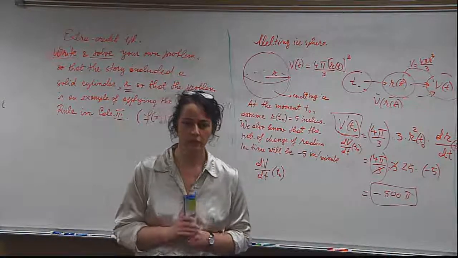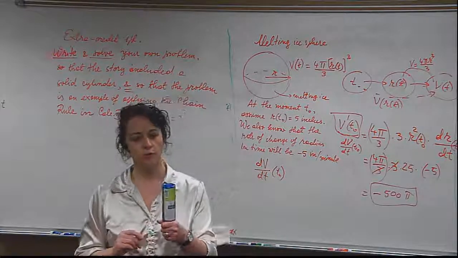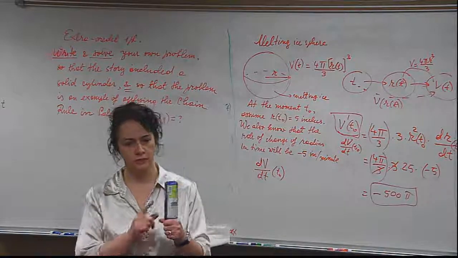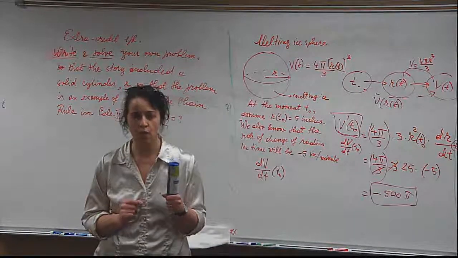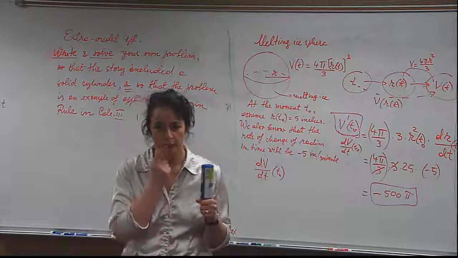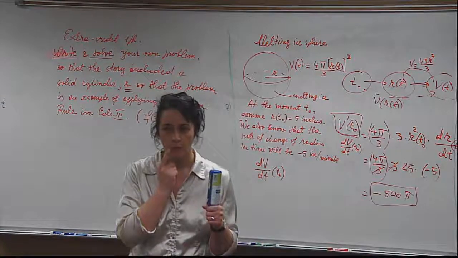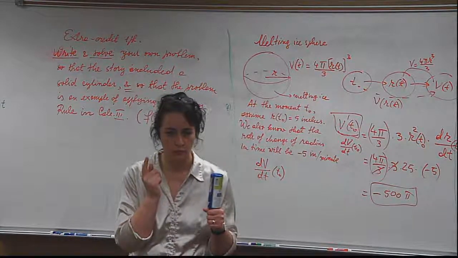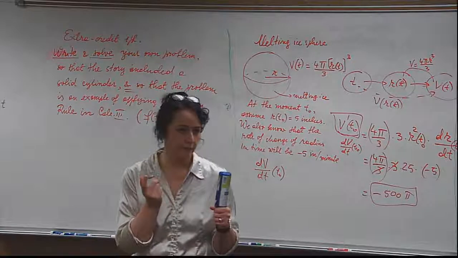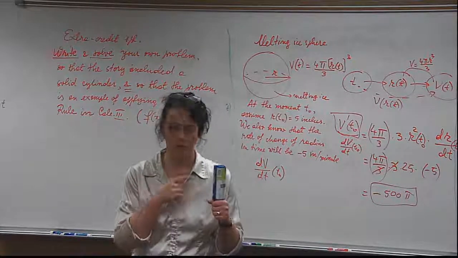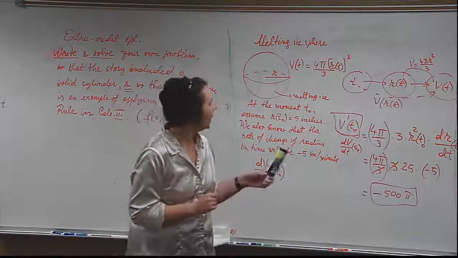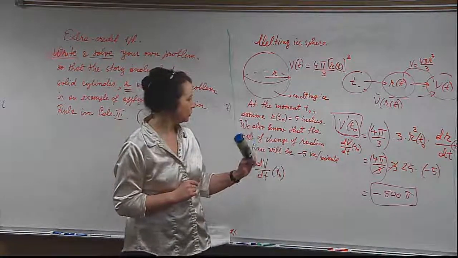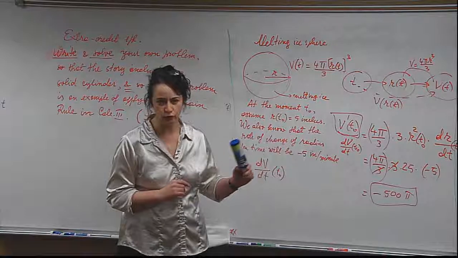Find the rate of change of the volume of the ice cylinder at time t0, if you know that at time t0, something happens. Maybe r is given, h is given, the derivatives are given. You only had one derivative given here, which was r prime of t is minus 5.